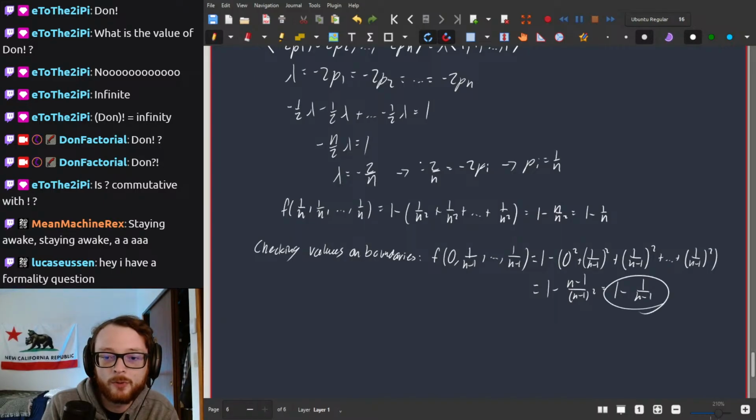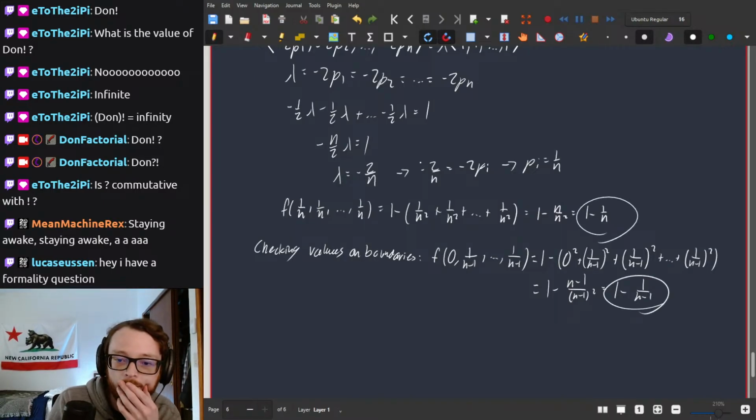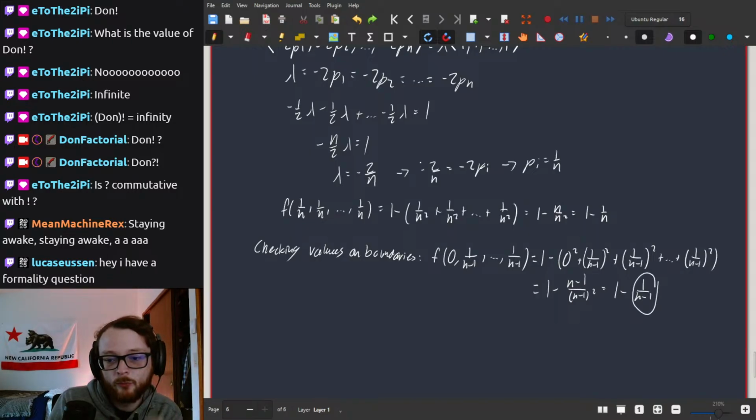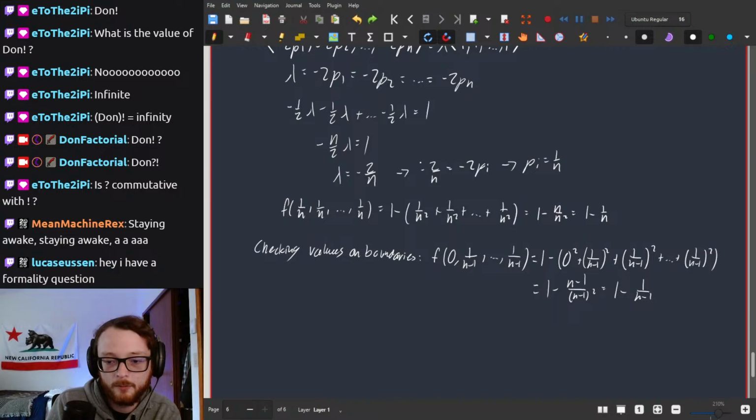Okay, and how does this number compare with that number? Hopefully this one is smaller. 1 over n minus 1 is a bigger number than 1 over n. So 1 minus a bigger number is a smaller number.